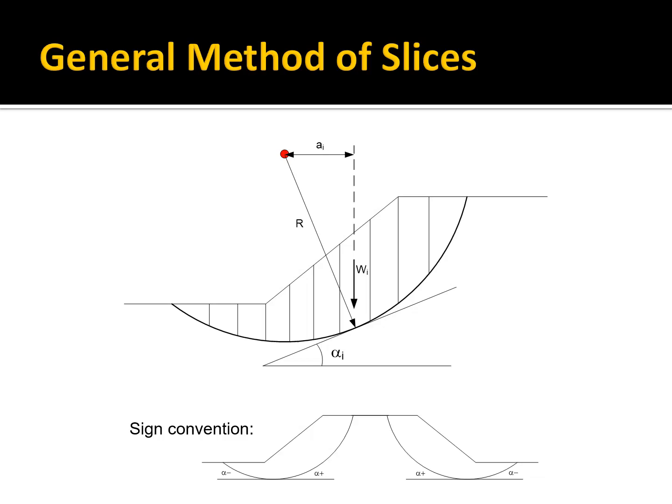We have a sign convention. If it slopes up towards the head of the slope, that's a positive angle. And at the toe of the slope, where it's going this way, this would be a negative angle. So you can see what it would be on either side here.